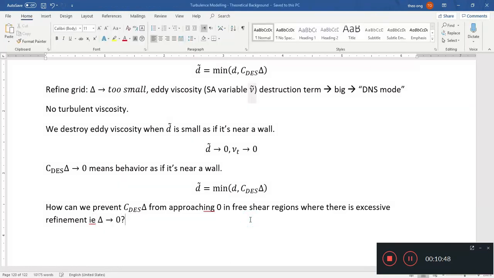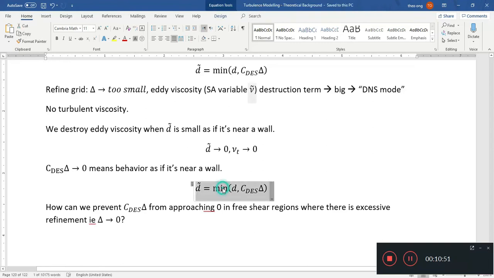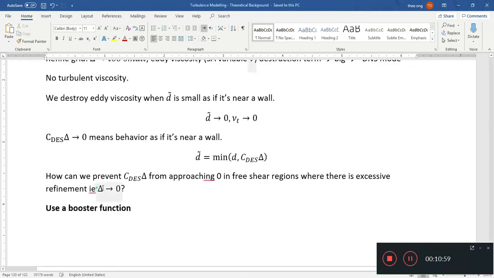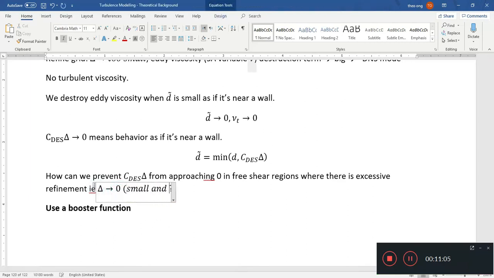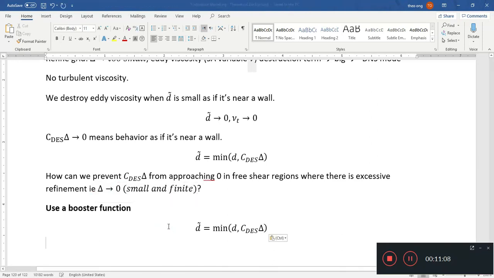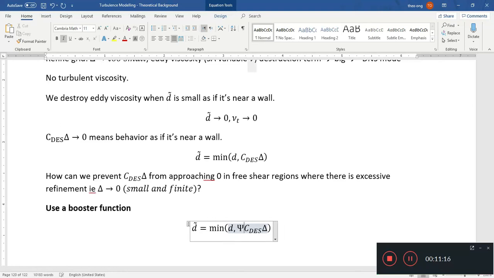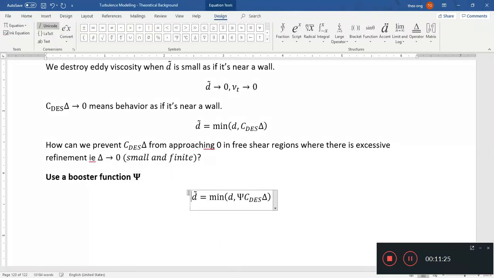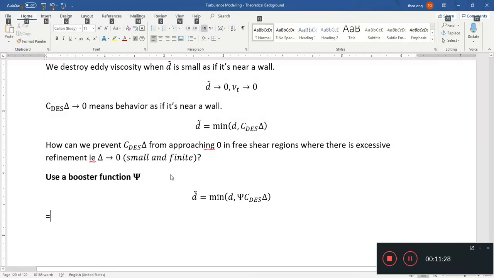There's this idea that was discussed in the paper: we use a booster function. Of course the delta can't actually go to 0, it just becomes very, very small, small and finite. I like to call it a booster because it artificially increases the value of this. So psi is the booster function.